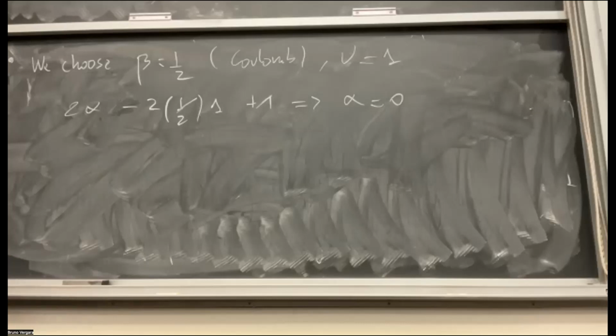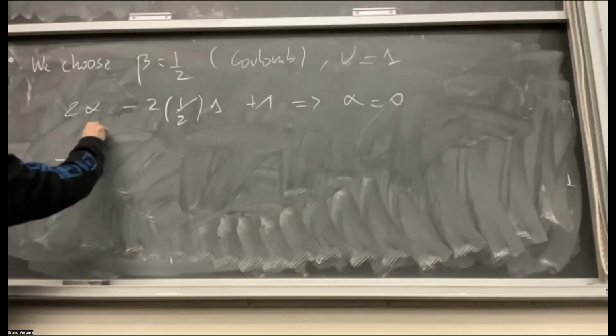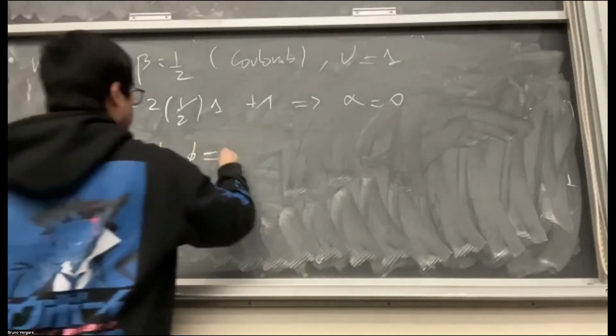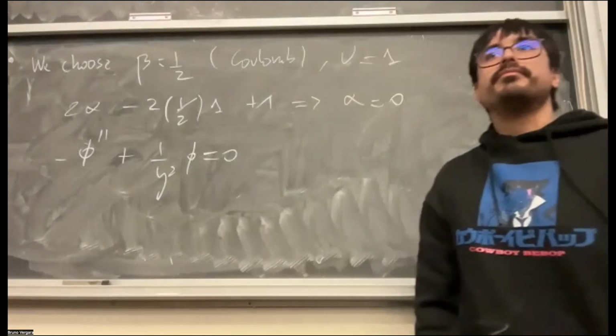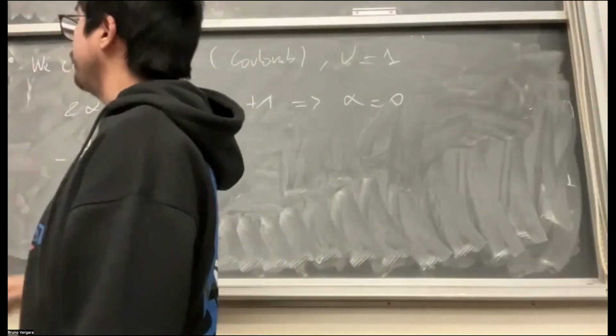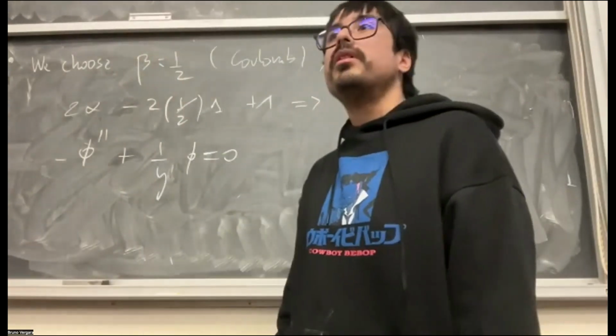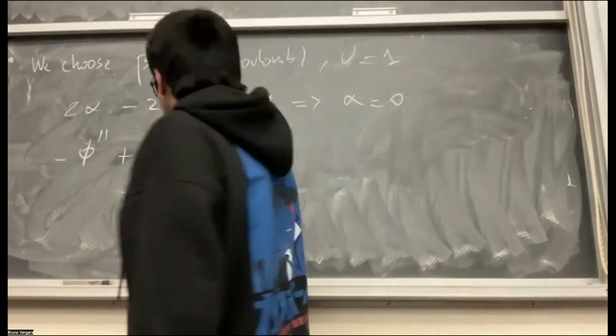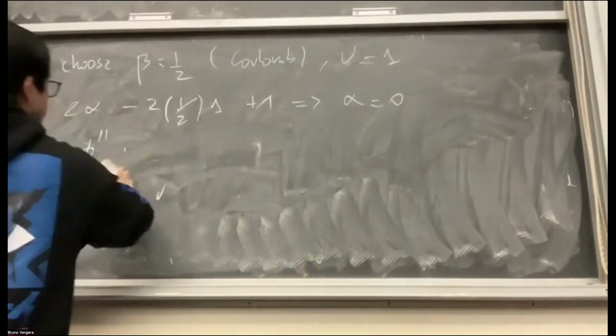Right, I just want to see the ODE. This one. Right, 1 over y, sorry. Thank you. It's going to play a role, exactly. So this is roughly the idea, but yes, that's a great point.